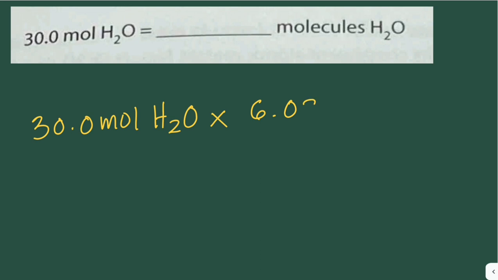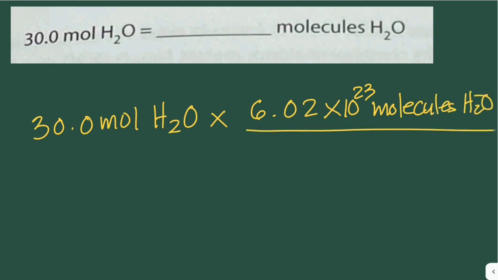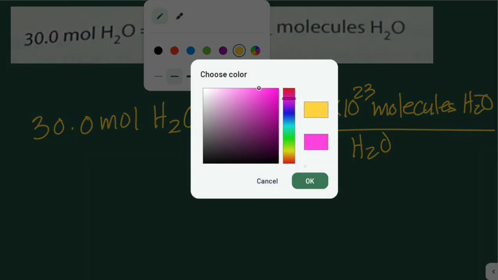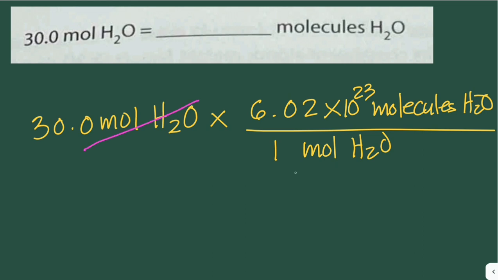So that is 6.02 times 10 to the 23rd molecules of water is to 1 mole of water. And then the mole unit cancels out.